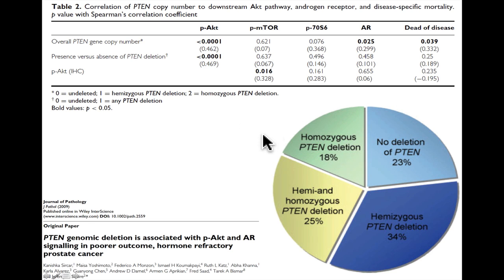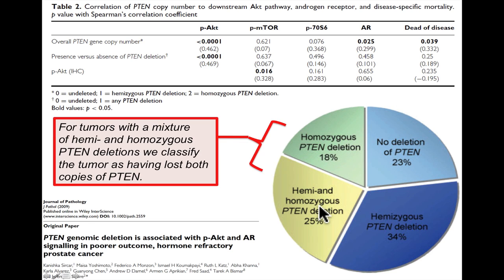Within this cohort, we saw some tumors with a mixture of homozygous and hemizygous deletions. And so when we see a mixture like that, we classify the tumor as having lost both copies of PTEN, because this is obviously clinically the most significant and the worst finding. So I think in terms of how one treats patients with this kind of thing, one has to consider these as having lost both copies of the PTEN gene.